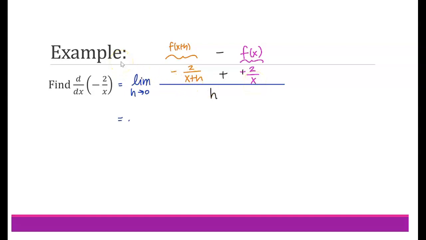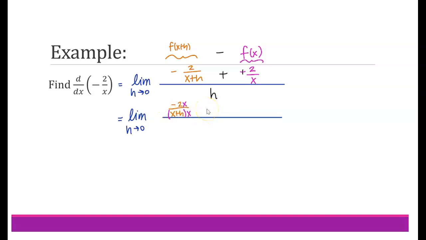So in our next step, we'll have the limit as h approaches 0 of negative 2 over x plus h, and I'm going to put the x I need on the bottom for that common denominator, but if I put an x on the bottom, I also need an x on the top, because x over x is just 1.